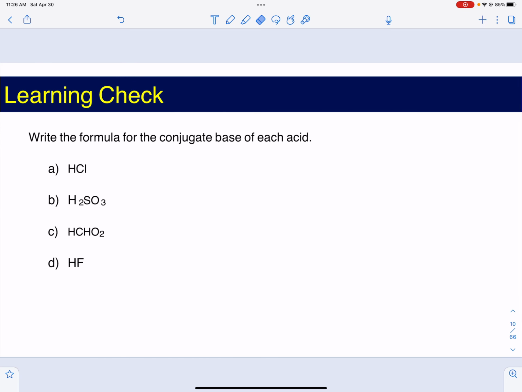And once you do that, you already have practice on this, so let's do this real quick. Write the formula for the conjugate base of each acid. So all of these are acids. How do I know that? All of them begin with hydrogen. So all acids are going to lose a proton.